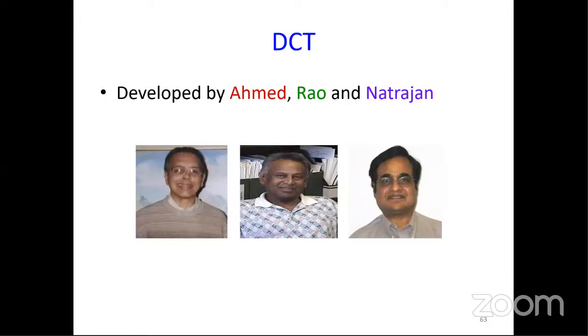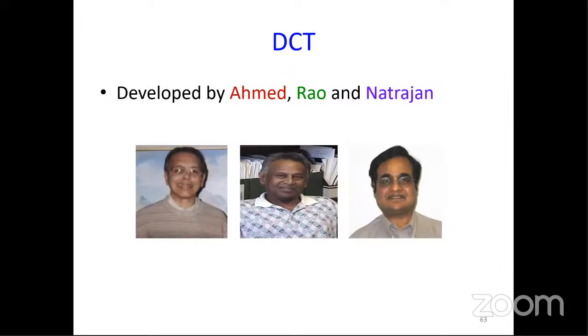Unfortunately, we Indians don't appreciate our own forefathers. That is the problem. That is the reason why even the discrete cosine transform may not be in the syllabus. Fourier transform will be there in the syllabus of DSP, but unfortunately we don't keep DCT.